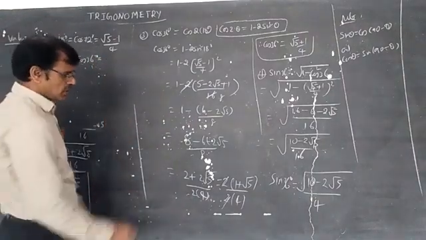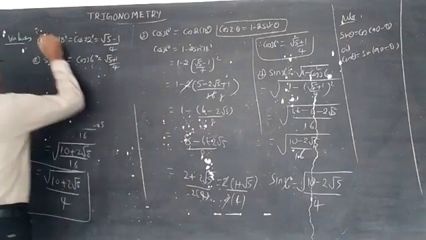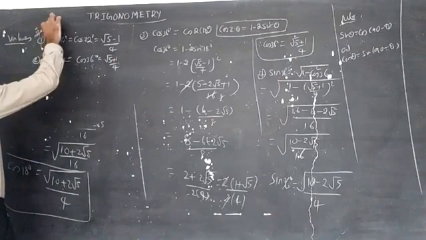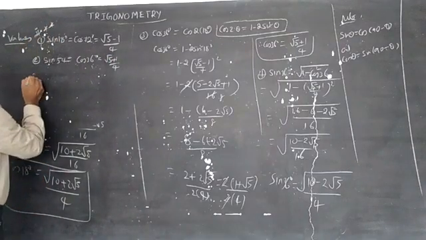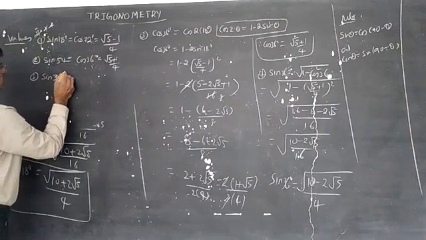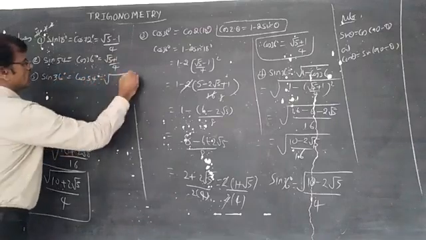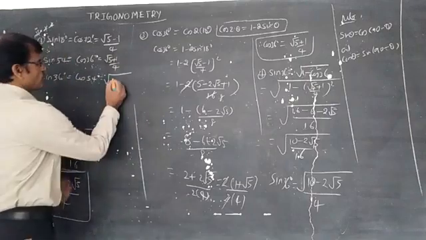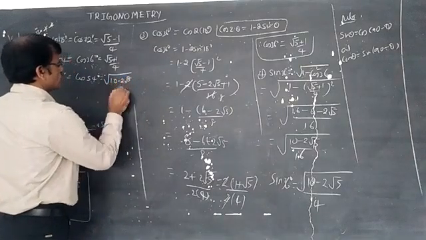Cos 36 we got as (root 5 plus 1) by 4. These are all important. Third one, sin 36 is equal to cos 54. That is equal to root of (10 minus 2 root 5) by 4.